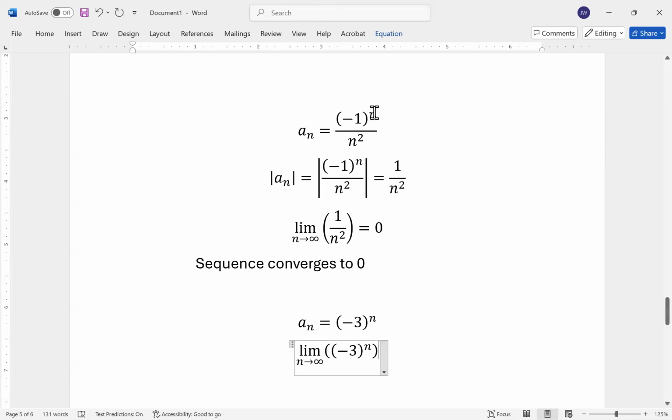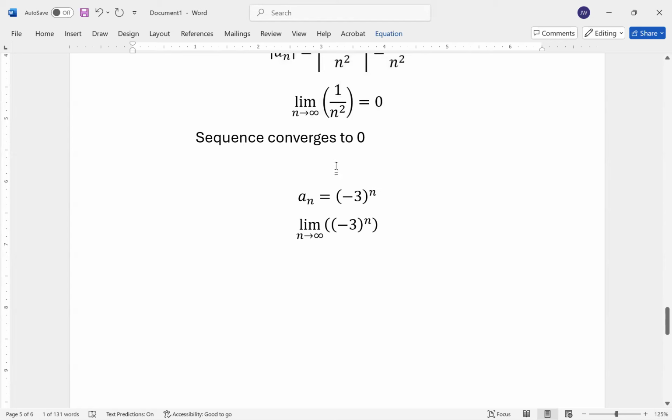All I did was change my previous example from having n plus 1 in the exponent to just having n in the exponent. But the absolute value of -1 to the n is still just 1. So we get 1 over n squared. The limit of 1 over n squared as n goes to infinity is 0. So this original alternating sequence converges to 0.